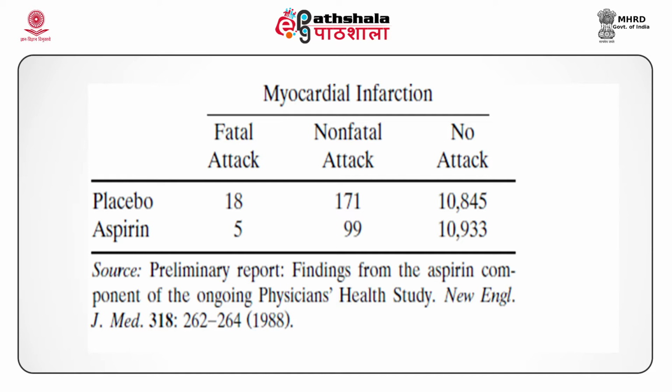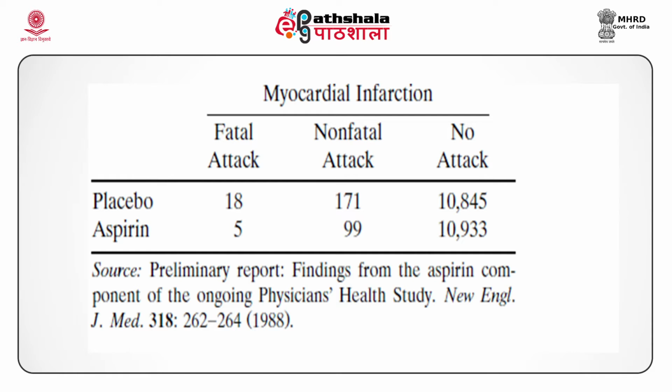That is, we look at the number of people who had fatal attacks, non-fatal attacks, no attack. So this is a 2x3 table per se, but for the sake of analysis, we shall club two of the columns and reduce it to a 2x2 table. For more analysis of this data, you can look at further discussion on this case study, which has been taken from the Physician's Health Study and which has also been reported in the book by Agresti.